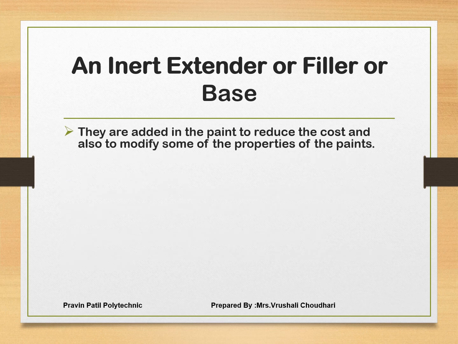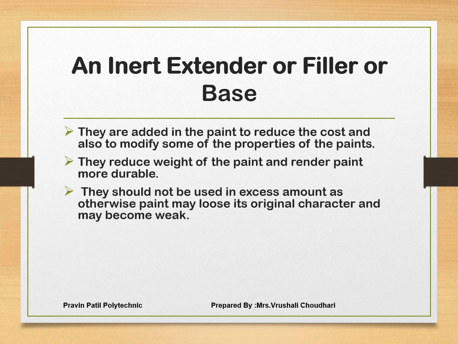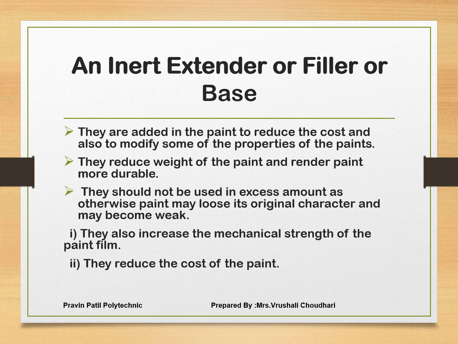An inert extender or filler. They are added in the paint to reduce the cost and also modify the properties of the paint. The paint becomes more durable. If we use them in an excess amount, the paint will lose its original characters and become weak. It increases the mechanical strength as well as reduces the cost of paint.